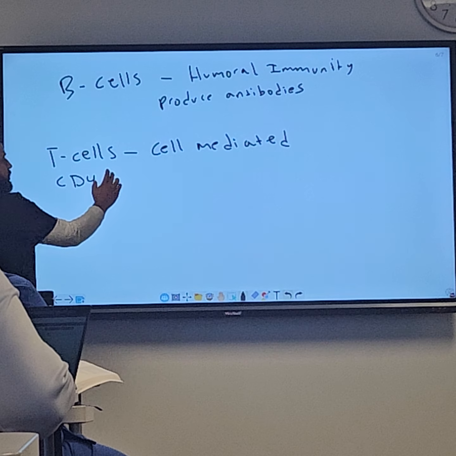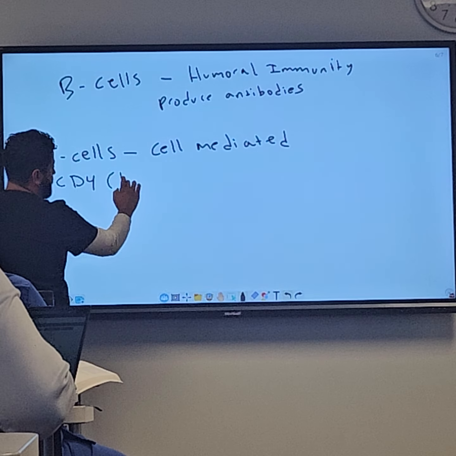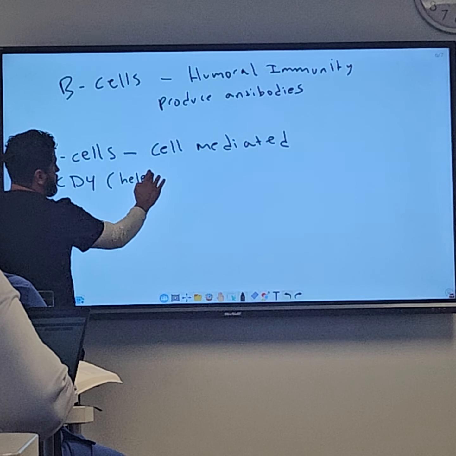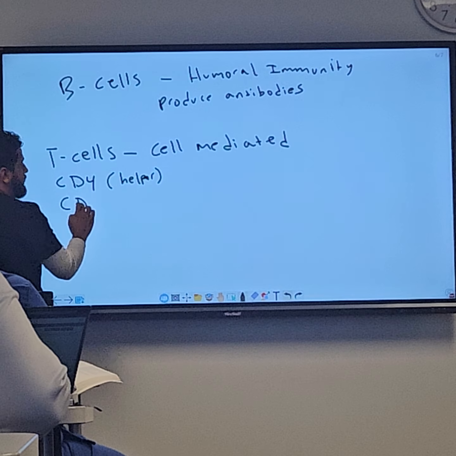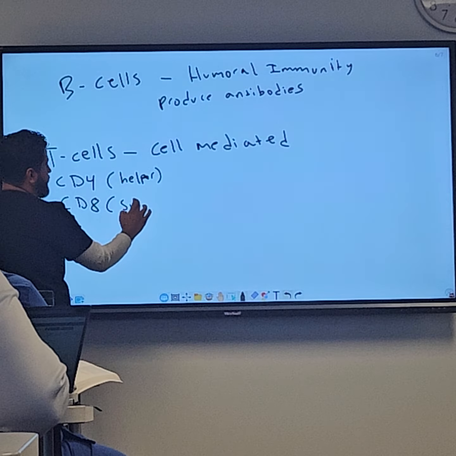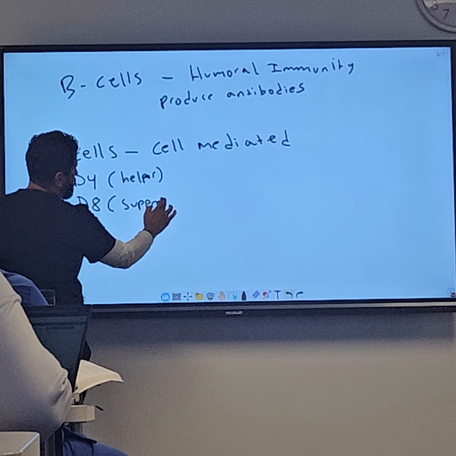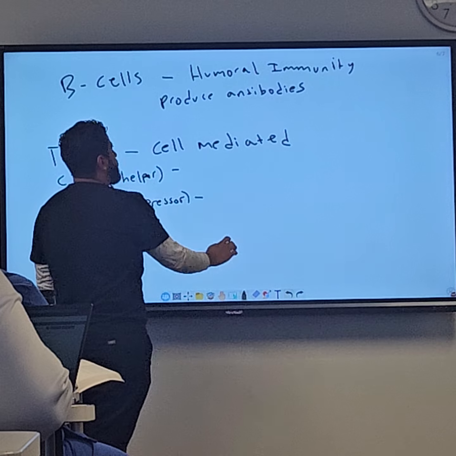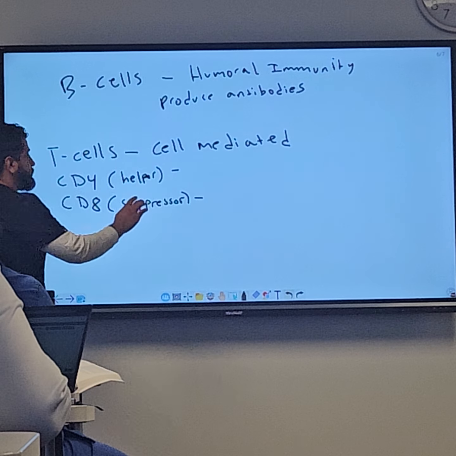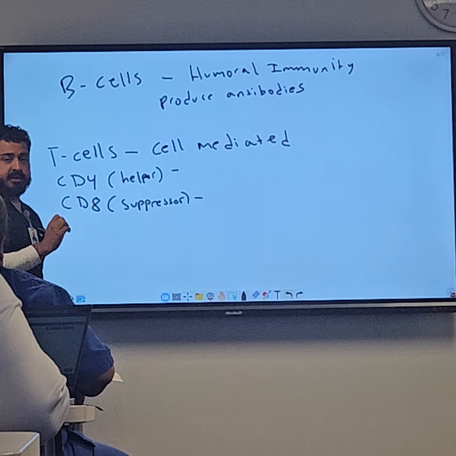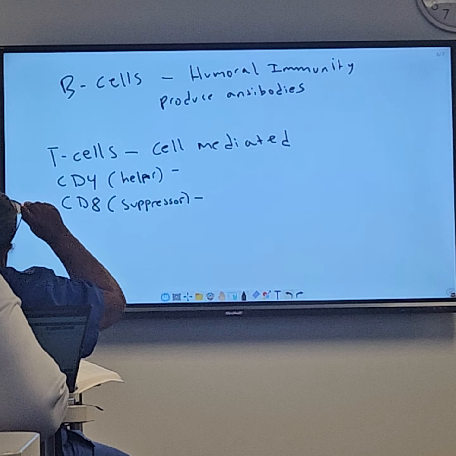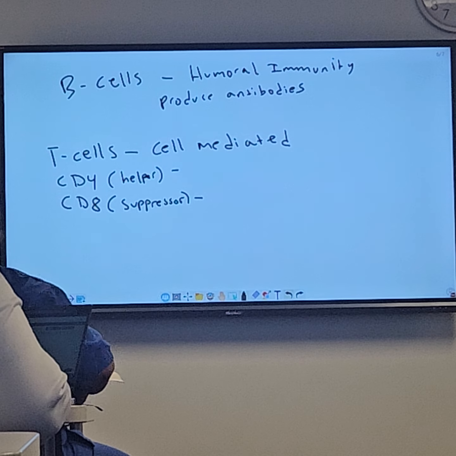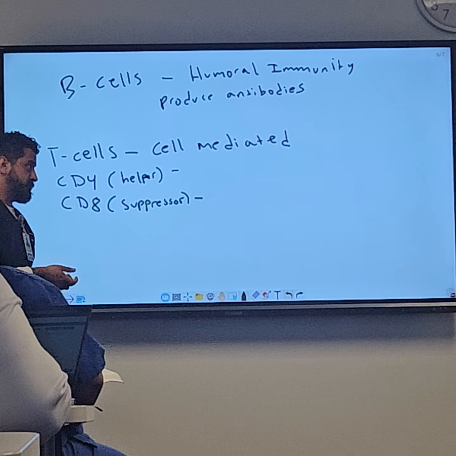CD4, also known as your helper T cells, and CD8, also known as your suppressor T cells. Okay? Each one has its function, but one cannot work effectively with the other.